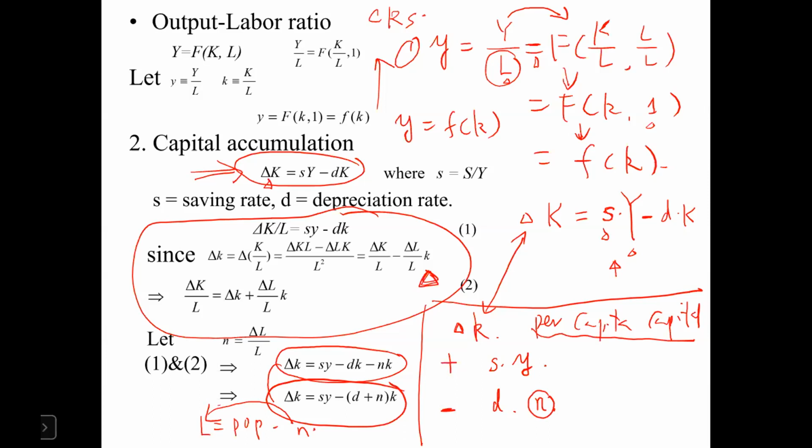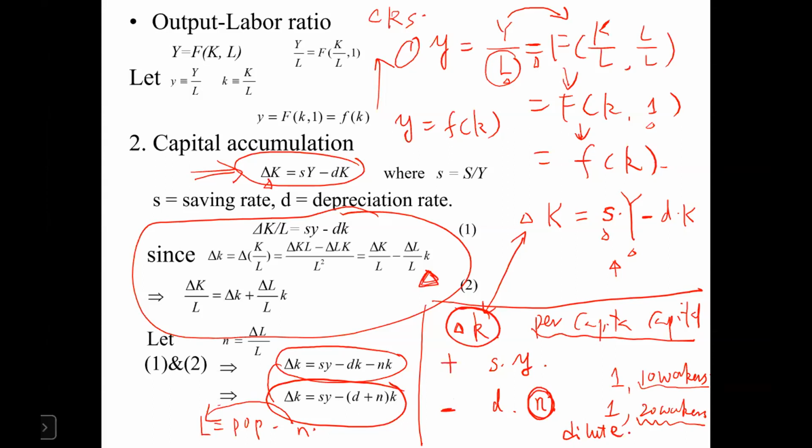Why is that? Just imagine we start the economy with one computer and 10 workers. If nothing else changes but the population grows, you have the same one computer but 20 workers. Immediately you can see the population growth is going to dilute your capital stock, right? That's why n drags down the capital.